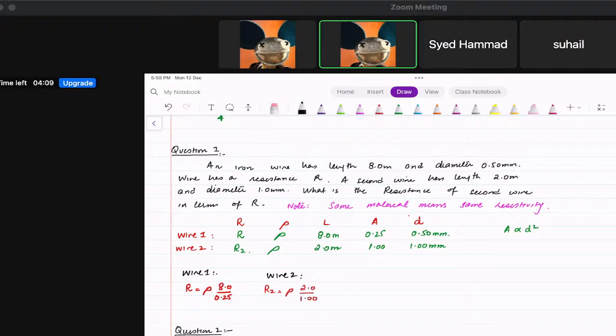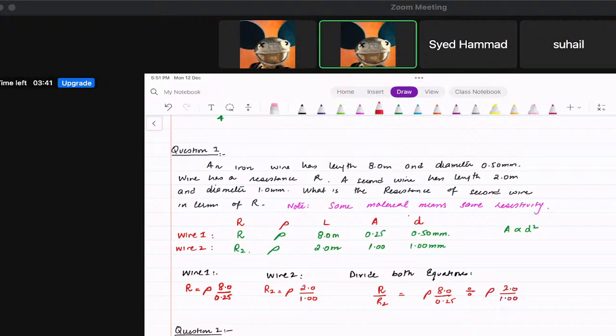Now what you're going to do is divide both equations. So how do we do that? If I want to divide R over R2, basically what will it be? Rho 8.0 over 0.25, divided by... I put this sign intentionally, you'll know why.